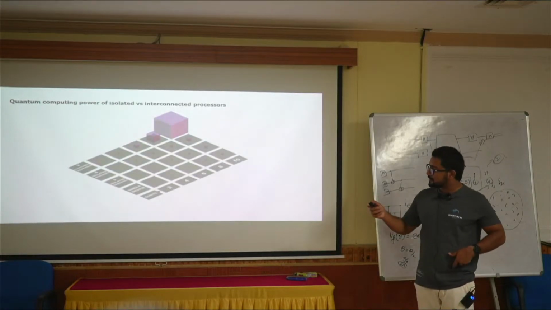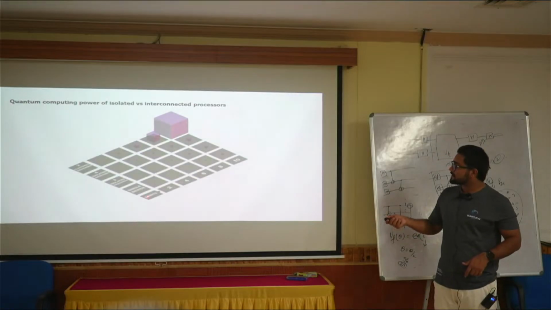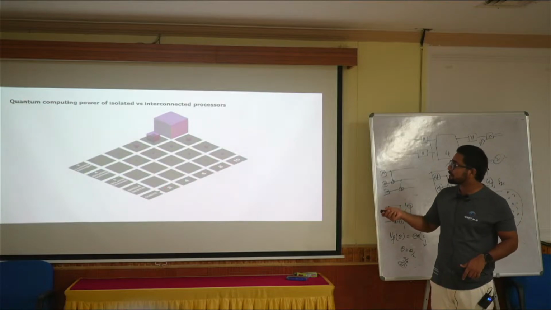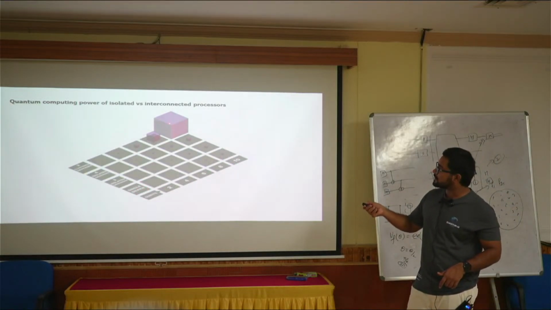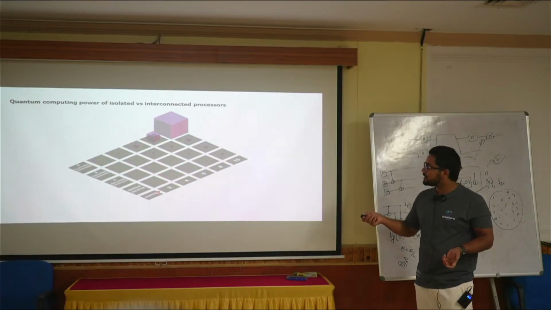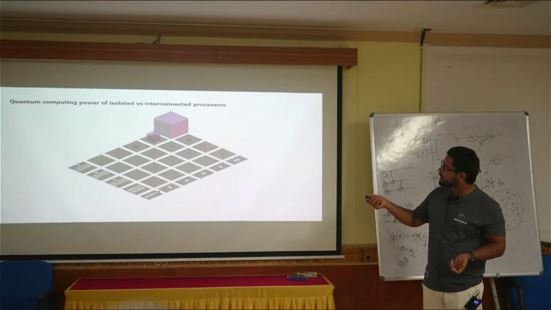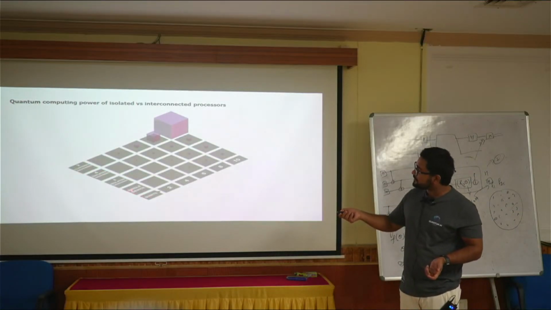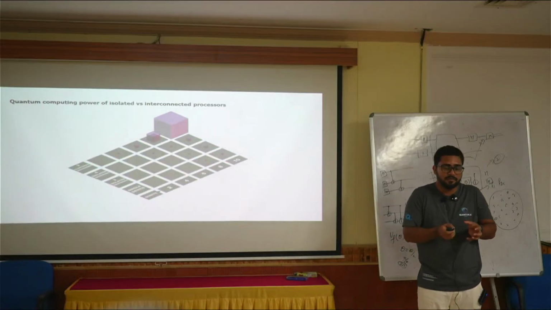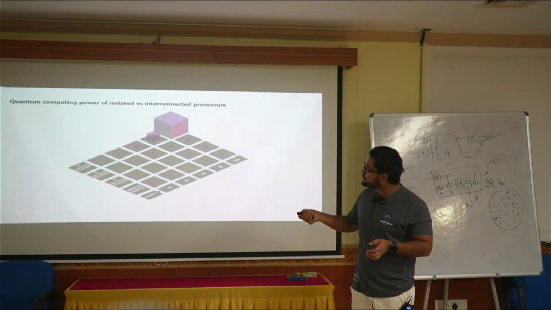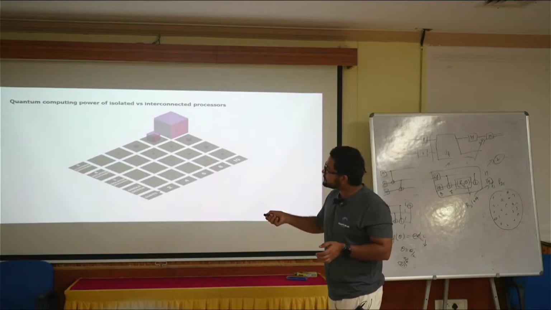Just look at this picture very carefully. These are the numbers of qubits: 2, 4, 6, 8, 10. This cube shows how much computational power can be achieved. Here small cubes are given, and this axis is the number of qubits: a single device, meaning a single processor working, or 2 isolated devices, 4 isolated devices, and 2 distributed devices.